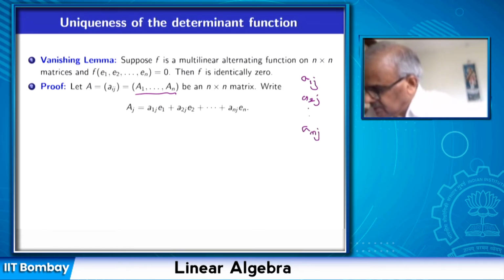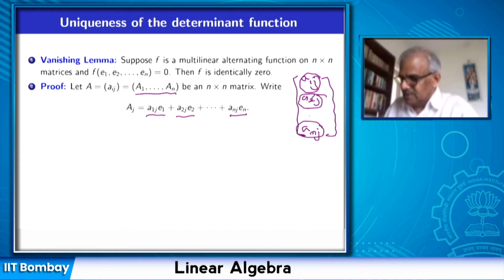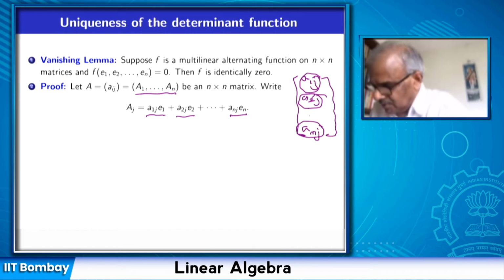This is the jth column. So I can write aj as a1j times e1, plus a2j times e2, up to anj times en. So I express every column as a linear combination of these basic column vectors e1, e2, up to en.